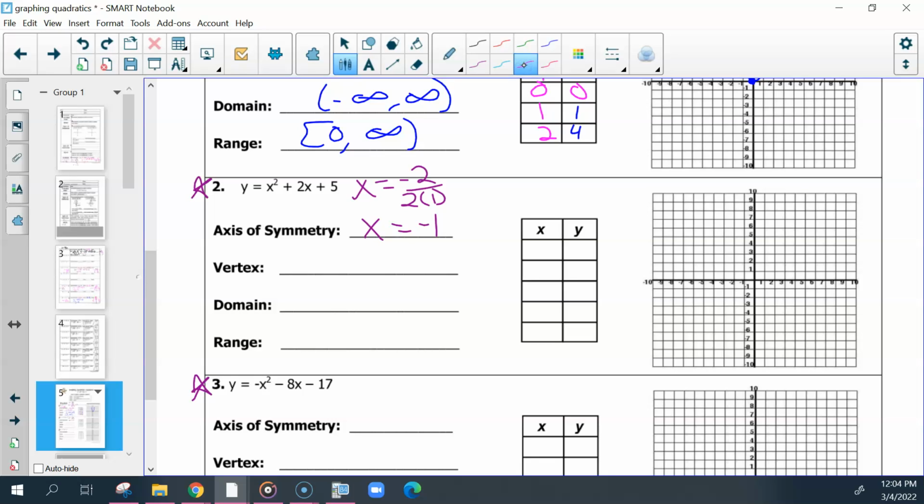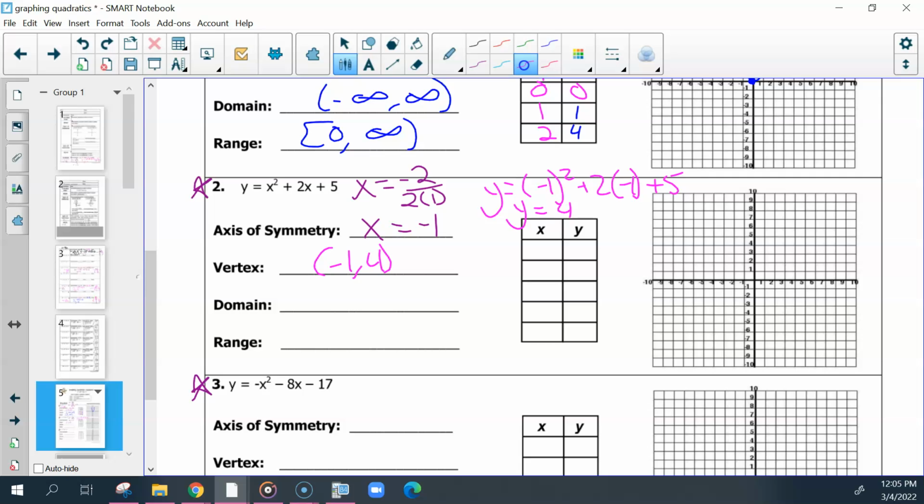And then we could put that in to find our y value. Put in your x, or -1, into your x's. Figure out what your y value is. It's 4. So our vertex would be -1, 4.